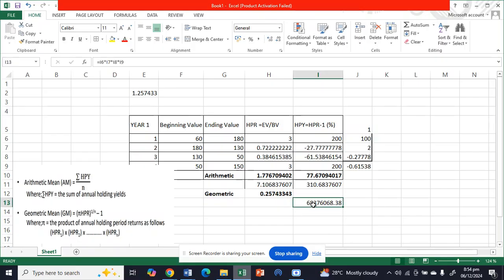I won't even waste my time reading it. And this number here, we raise it to the power 0.25 because we're raising it to the power 1 over 4. In this formula, you have to raise the product to the power 1 over 4. So raise it to the power 0.25.